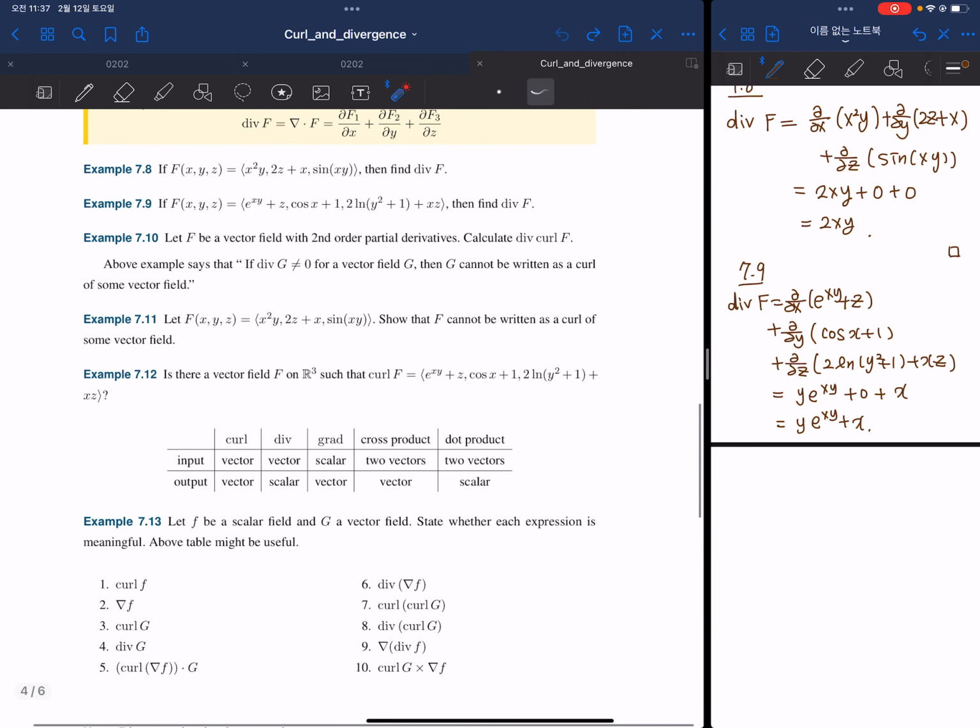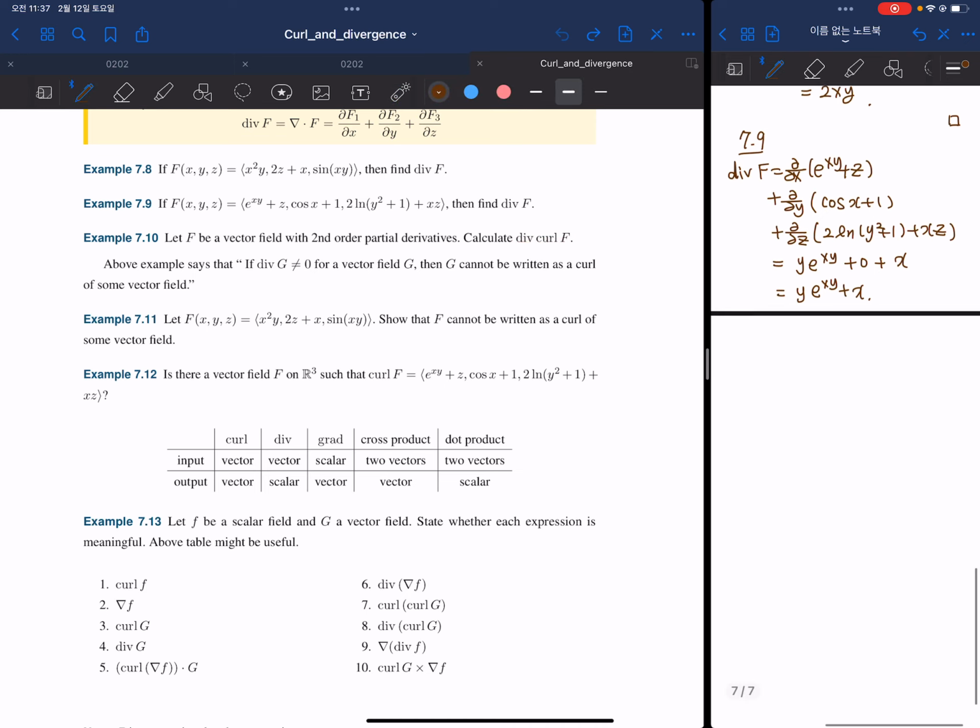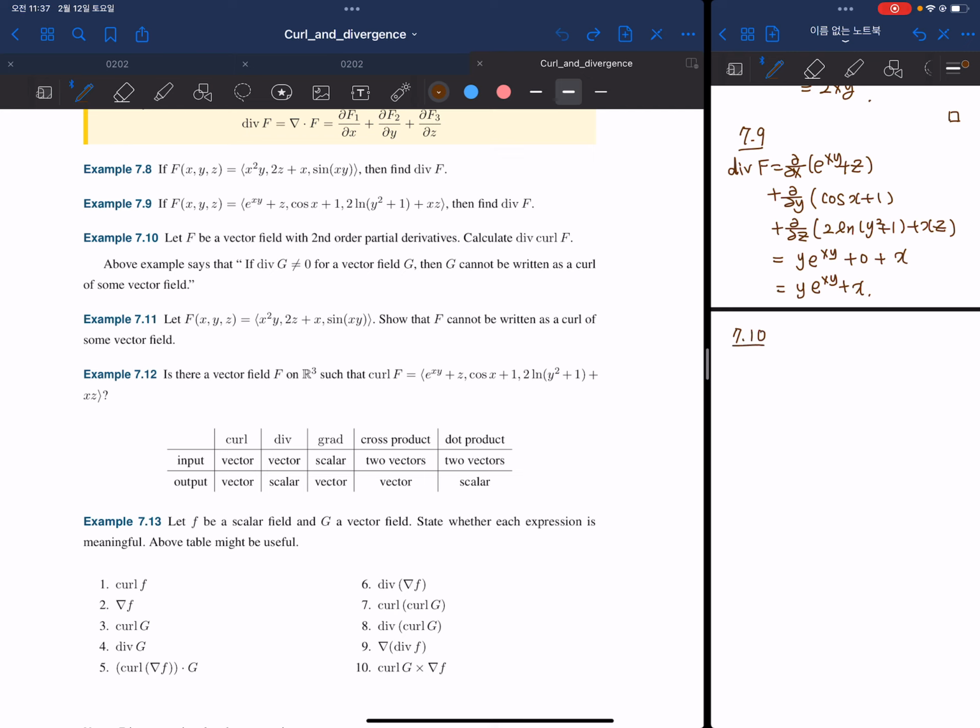The next example: let f be a vector field with second order partial derivatives, and we want to calculate the divergence of the curl of f. In this example, f is just any vector field, so let's say f1, f2, f3.